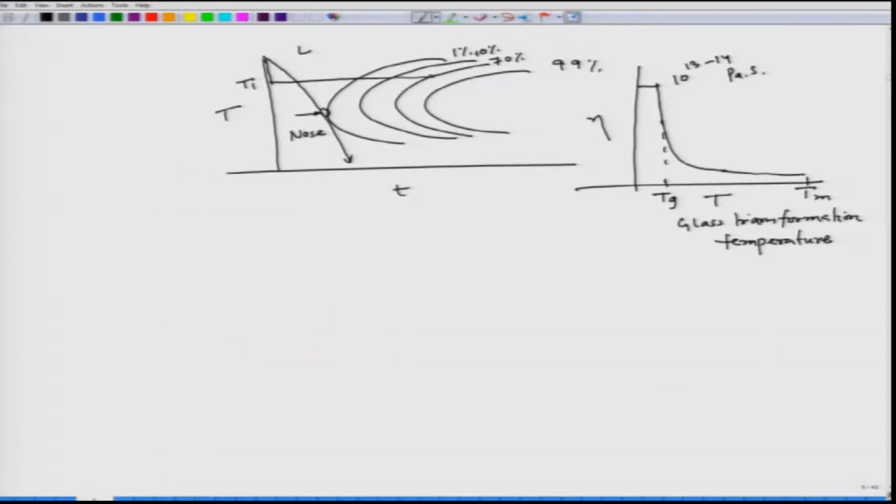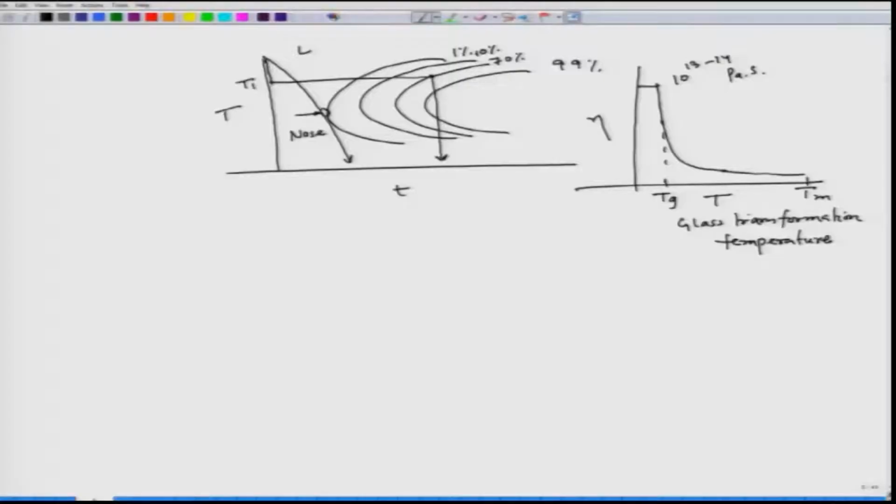Once it touches 70%, that means it is converting into 70% solid, and then suddenly we quench it to this level. So, that liquid is not allowed to crystallize anymore. So, you can have a fraction of 70% solid and the rest liquid, and that liquid would stay as a glass.